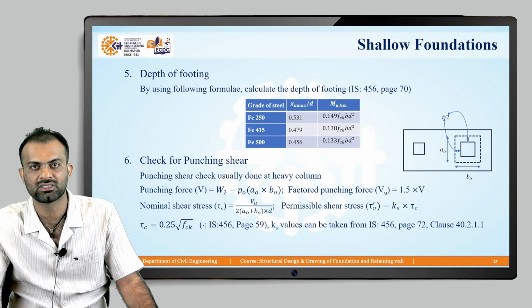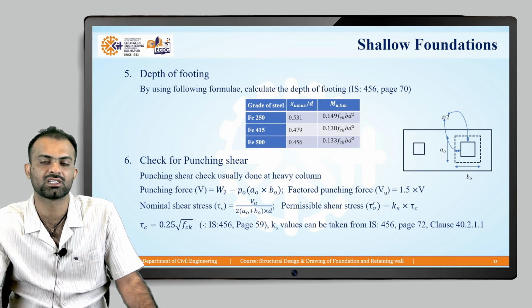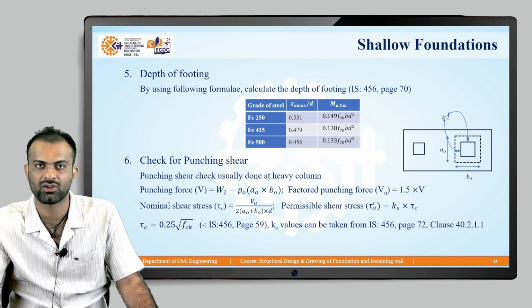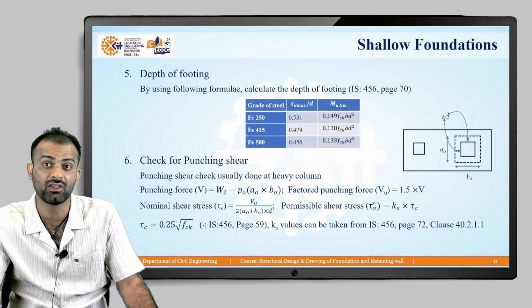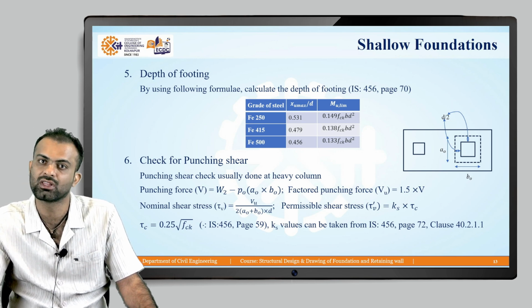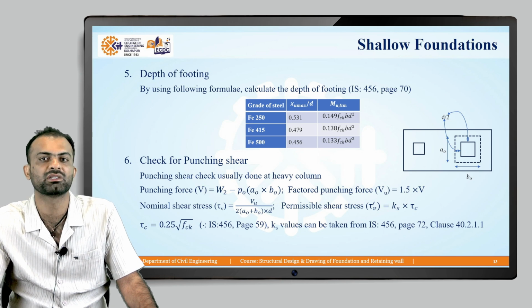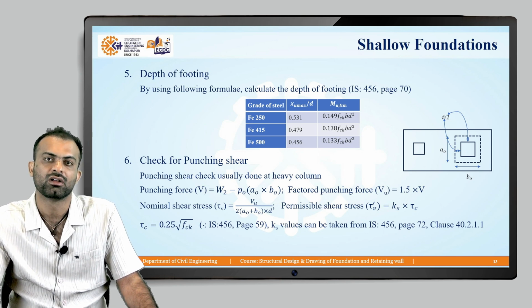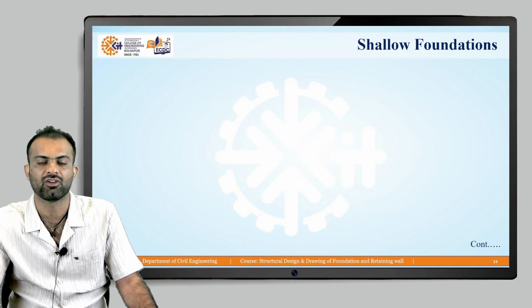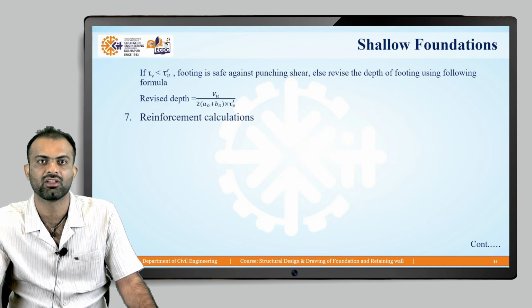If the nominal shear stress is less than the permissible shear stress, then whatever depth we have provided for the foundation is safe in punching shear. If the nominal shear stress is more than the permissible shear stress, then we need to redesign the depth by using the following formula.